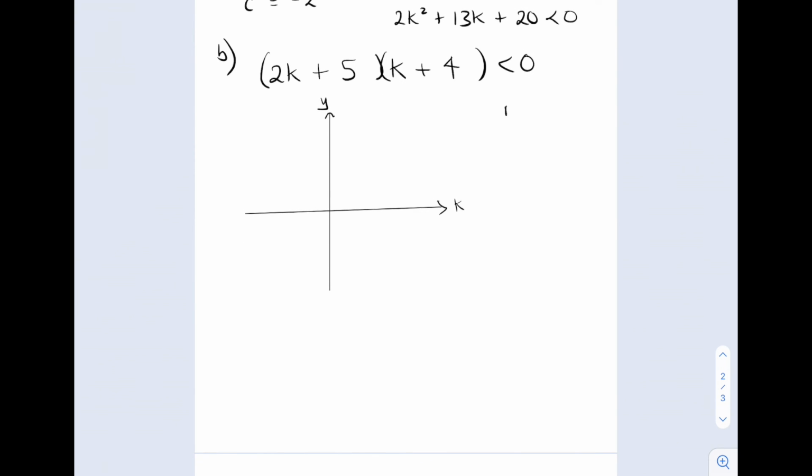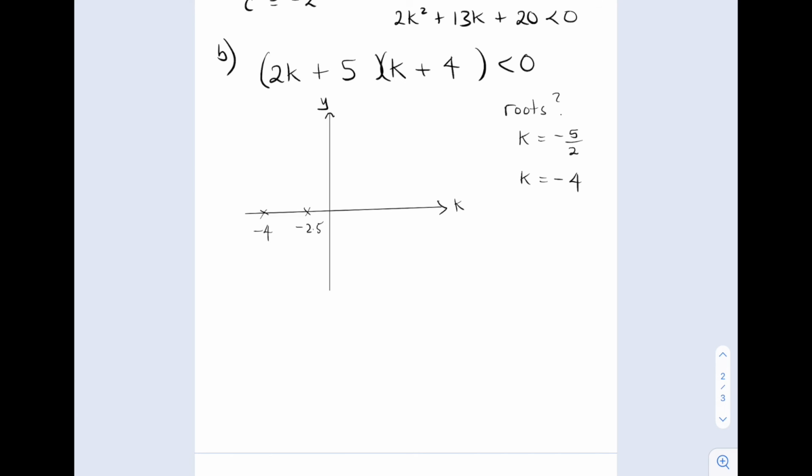So what are the roots of this quadratic? So where does the quadratic equal 0, not less than 0? This occurs when k is equal to minus 5 over 2 or minus 2.5, or when k is equal to minus 4. So minus 2.5 and minus 4, let's put those there for argument's sake.